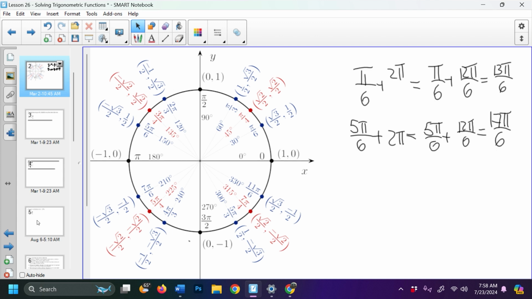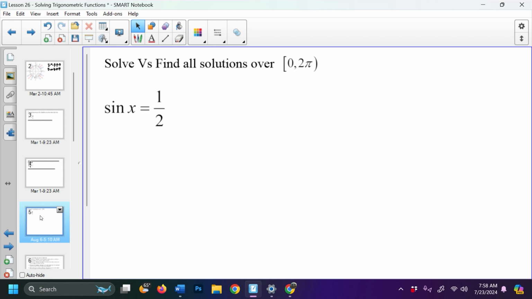So when you get to the practice work and they say solve versus finding all the solutions over an interval, let's do the easy one first. This asks me to find just the values of x that make this expression true from 0 to 2 pi.